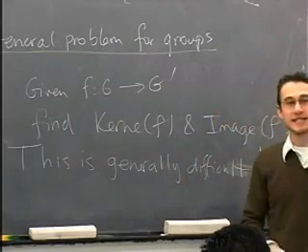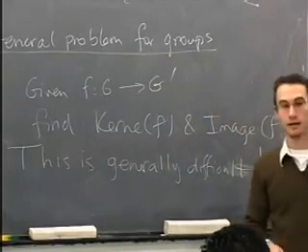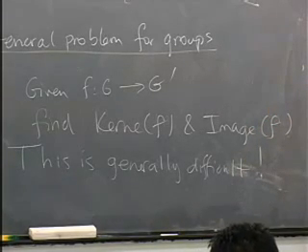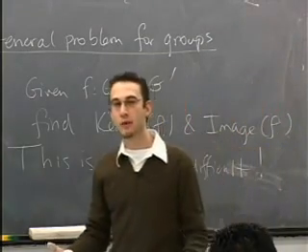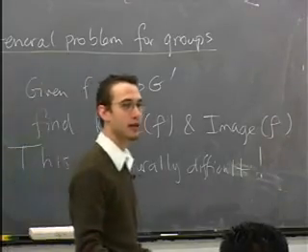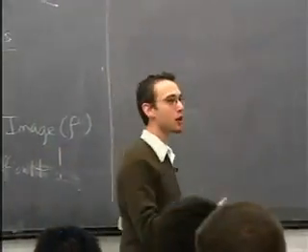But with vector spaces, it's easy. And the main reason it's easy is because we have bases, and hence we can write things in matrix form, and we have all of these great algorithms like row reduction to help us find things like column spaces.